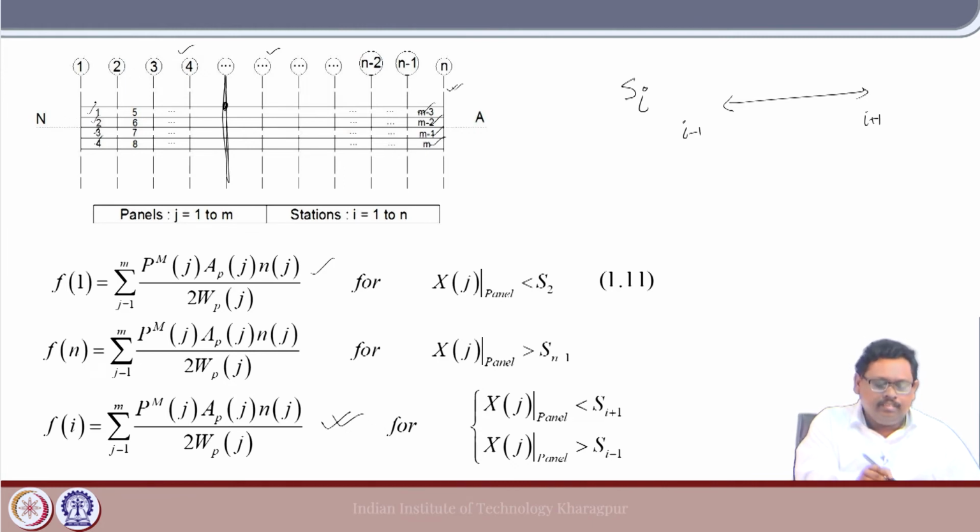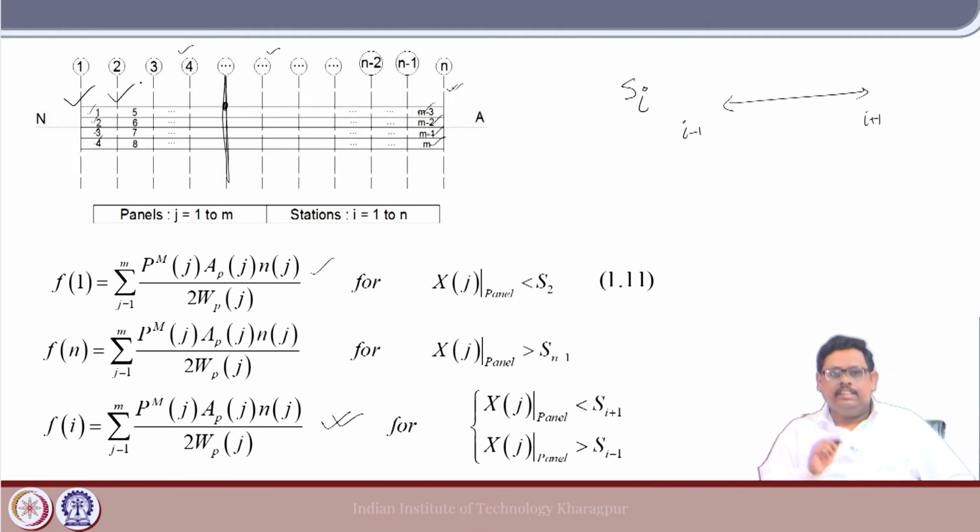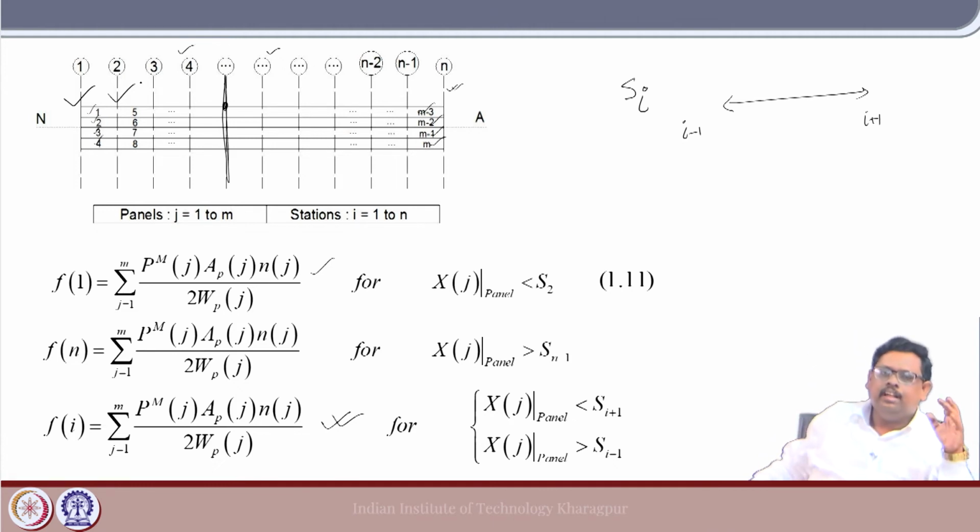So, I take the total contribution, average out, and then distribute half to this side and half to this side. This is how we are transferring the force at the panel centroid to the sections. That is how we are going to write the sectional force.